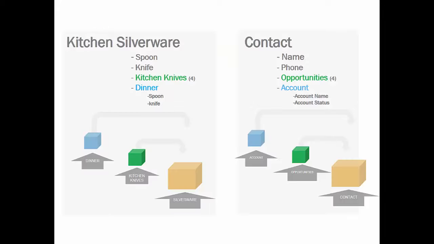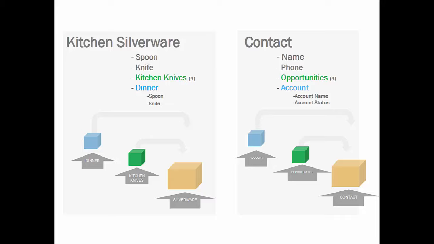Now, do you remember the slide here just a minute ago? I was talking about kitchen knives and taking one big box and putting a collection of other boxes into it, which is basically outlined on the left-hand side. Now I want to draw the parallel between what I was trying to explain and what the left-hand side of the screen means relative to the right-hand side of the screen. So in Salesforce, I think you're very familiar with what a contact is.